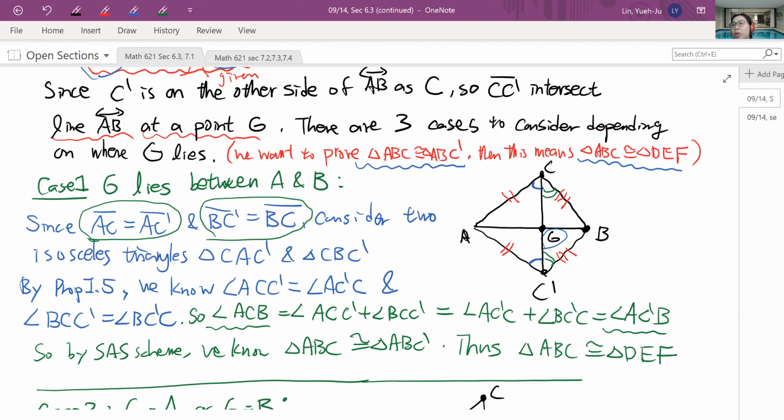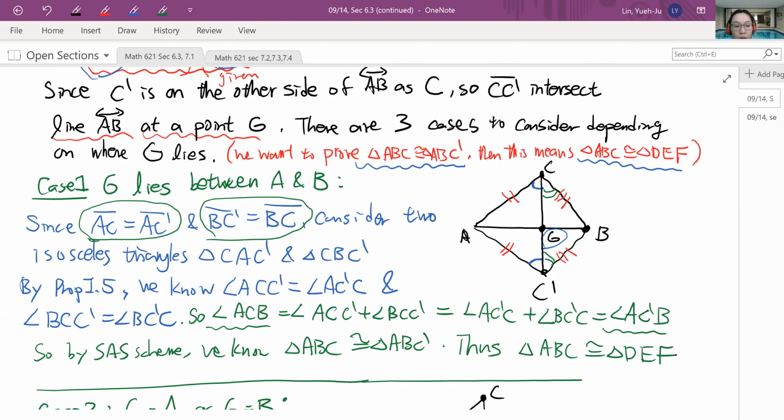For example, one of the propositions, I think it's 1.26, contains two schemes. If you only tell me 1.26, then I don't know whether you are talking about ASA or AAS, something like that. So please be more specific so I know that you understand which scheme you are using. Especially since you might miscite the proposition. So for the congruence scheme, please just directly tell me which scheme you are using. That's more straightforward.